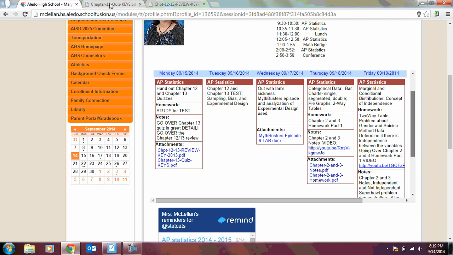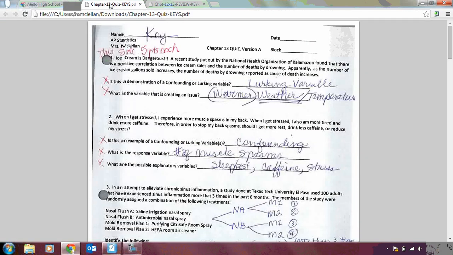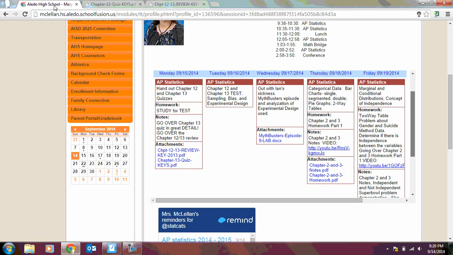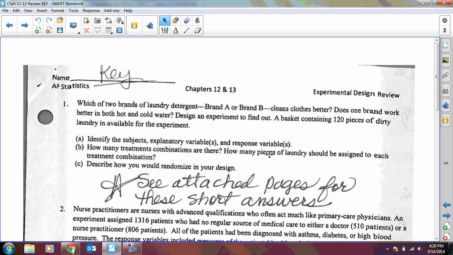Now those are there and are going to be there for you later today. I have taken those off and made those unavailable for obvious reasons, so that we don't have people just copying the key and such. But I do not want you to have to frantically write down all of the answers to this Chapter 12 and 13 review whenever I'm going over it.